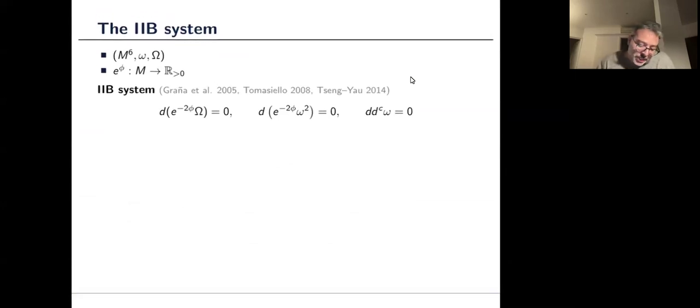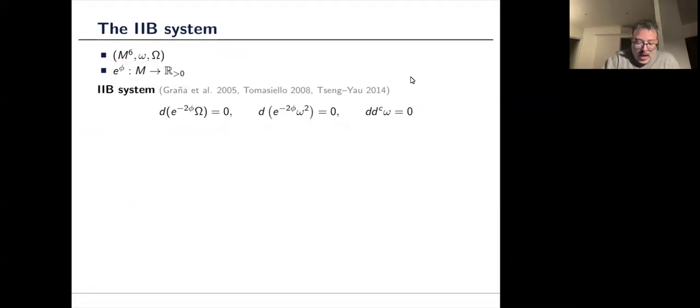Then the 2B system is the following one. We have our six-manifold with an SU(3) structure and a positive function, and we ask that these conditions hold.